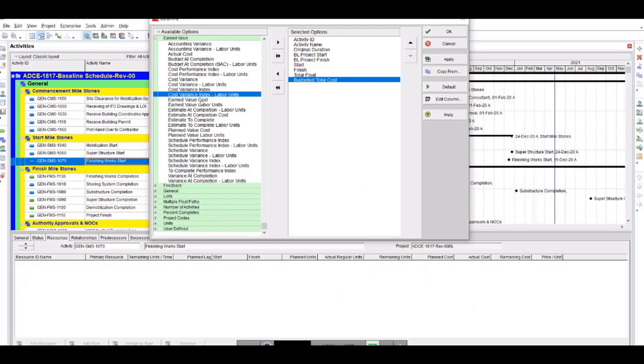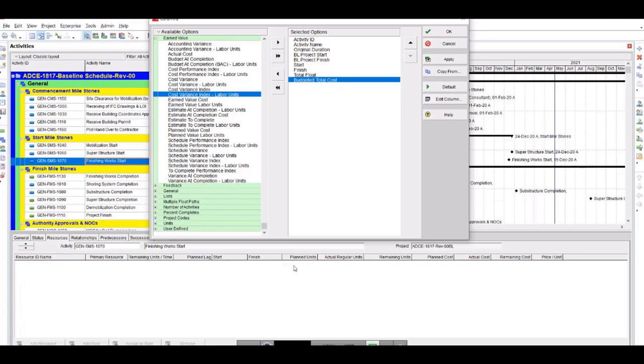So this is the condition, this is the formula. But the labor unit will come only for the labor unit, not the non-labor cost, not even the material cost. Only the labor and its budgeted unit will drop down here.